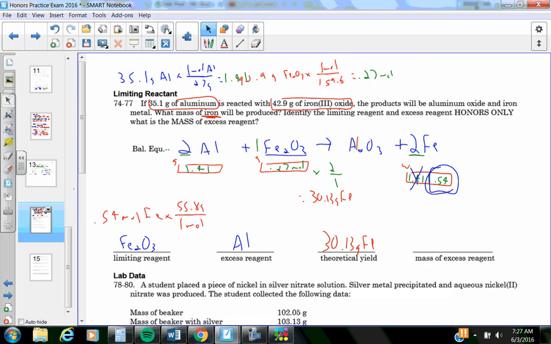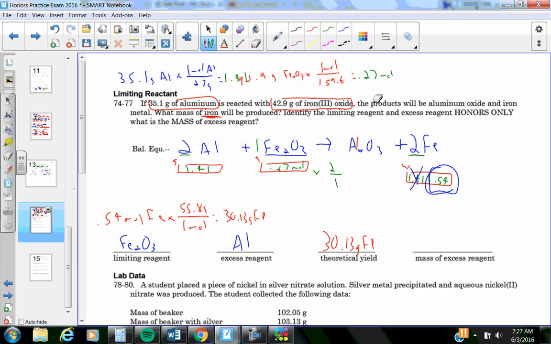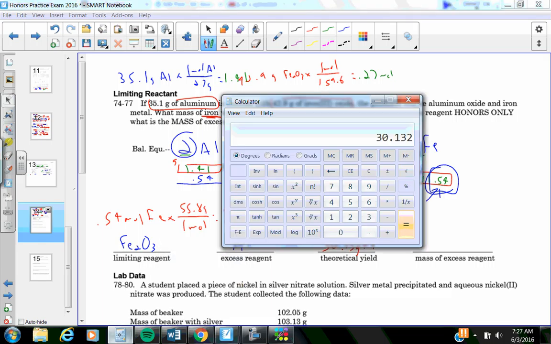Okay, so then what? Now it's the tricky part. There's not a whole lot of points on this. If I was going to make 2 moles of iron, it would require exactly 2 moles of aluminum. Well, I'm not making 2. I'm only making 0.54. So it's only going to require 0.54 moles. Well, I have 1.41, and I'm using up, minusing 0.54.